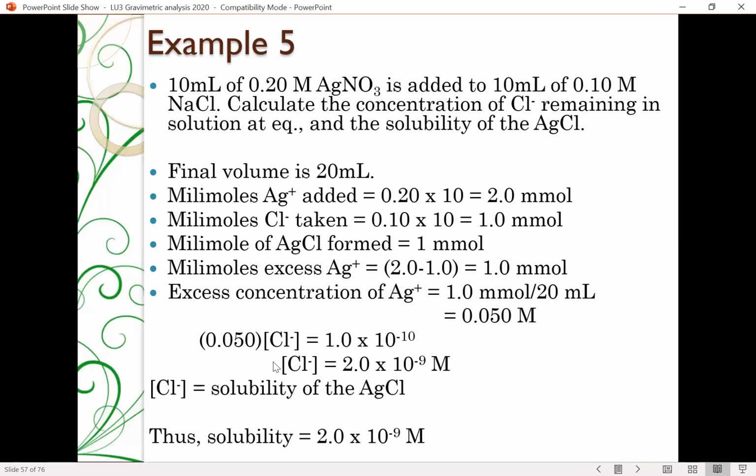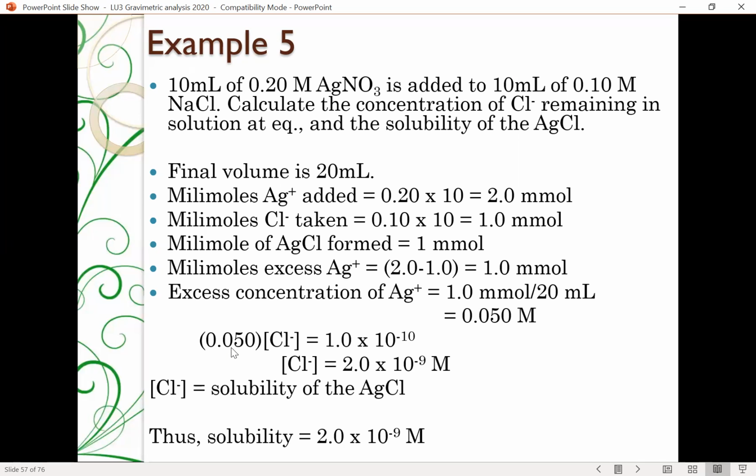Then from there you can calculate the solubility of AgCl. 0.05 times the molarity of Cl, chloride ion here, is equal to 1 times 10 to the power of negative 10. This number comes from the solubility product of AgCl.